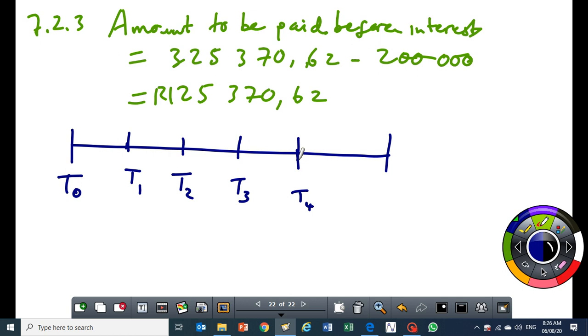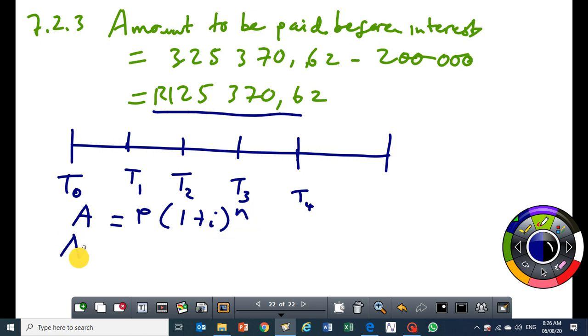Alright? So which formula are you going to use? The compound interest formula, because this amount is going to accumulate interest for 3 months. So write your formula A equal to P times 1 plus i raised to the power of n, where n is the number of months. So your A is going to be equal to 125,370.62 times 1 plus.